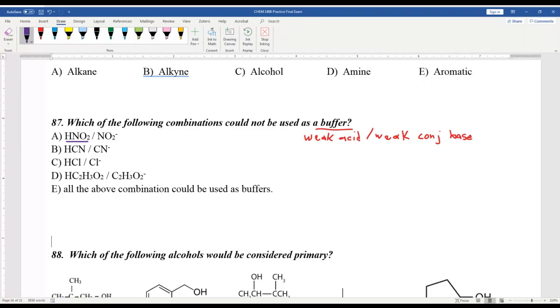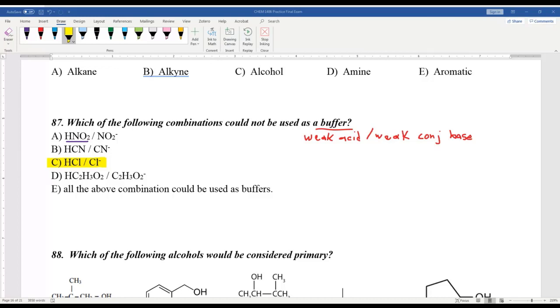What do you think? Yes or no? No. A strong acid and its conjugate are not going to be useful as a buffer. That's not a good buffer. D would also be a good buffer. Acetic acid is weak, and acetate is a good conjugate weak base. So there we go.